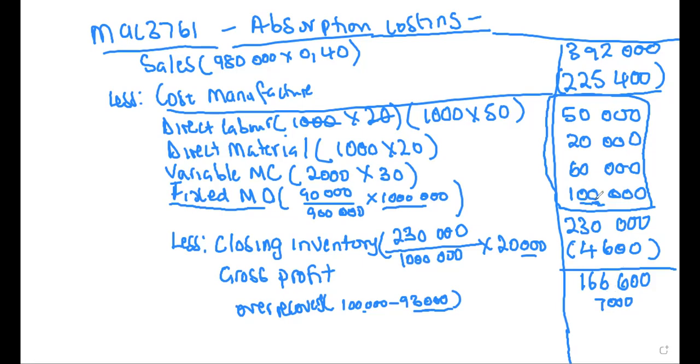If you under absorb, you are going to have less manufacturing costs and your profit figure is going to be high. So you need to take that out of the gross profit that you get. So that's under and over absorption.